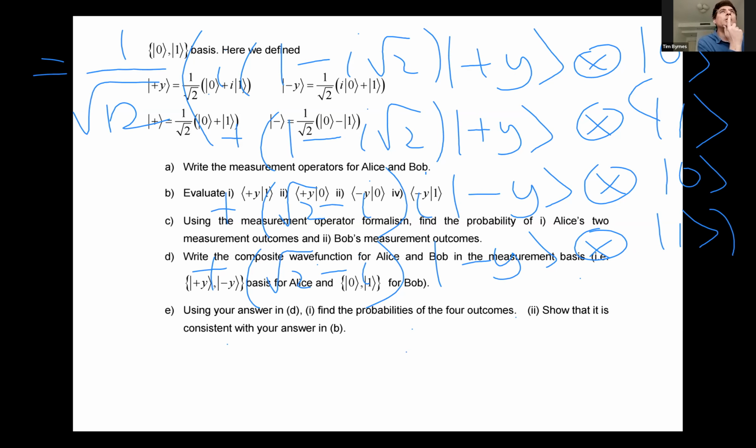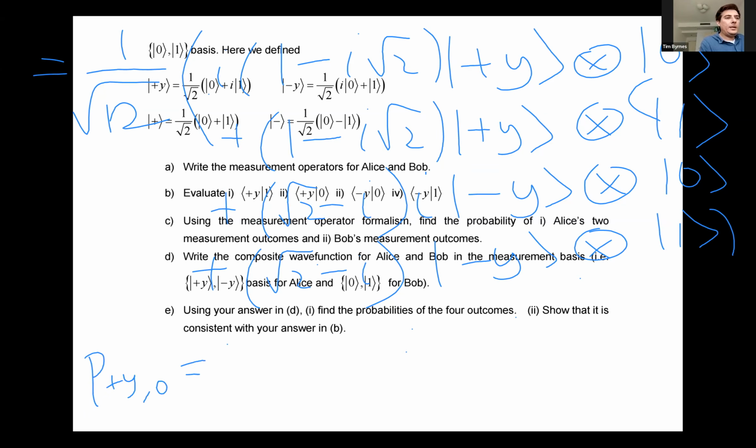So firstly, find the probability of the 4 outcomes. So for example, the probability of getting Alice plus y, and Bob 0, we can call this probability of plus y 0.